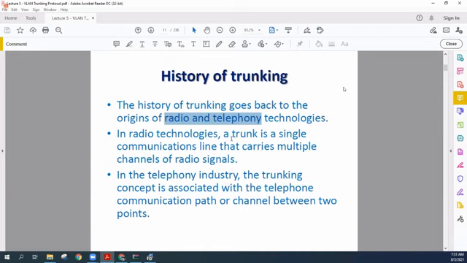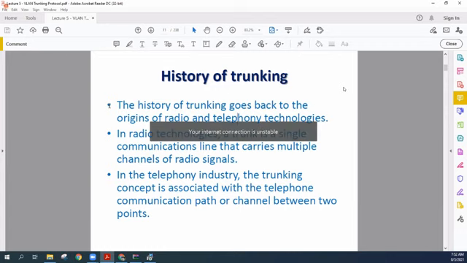With multiplexing, what is happening? With the public switched telephone network, multiplexing was used. Now even fiber is accommodating that communication.